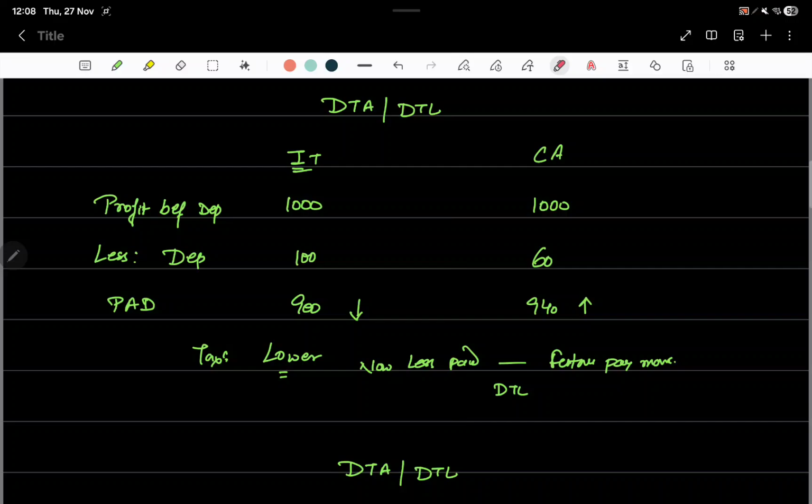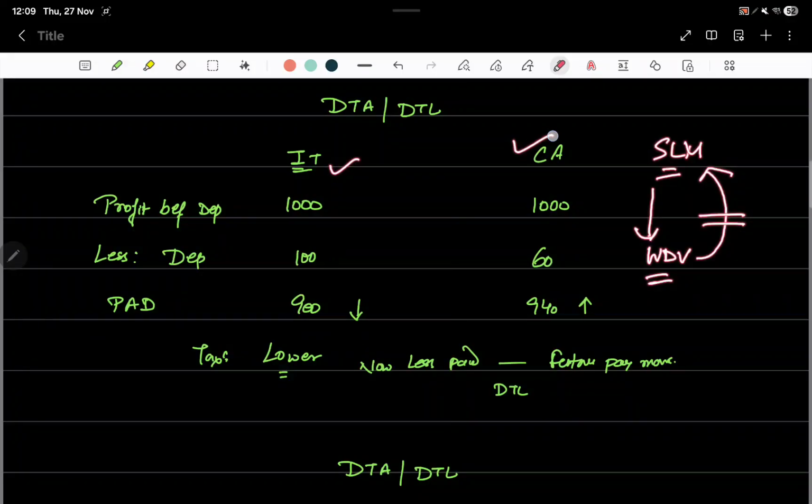Now, the company may be following the straight line method of depreciation, but the income tax department, for that particular gross block of assets, has mandated the WDV method. So there will be depreciation differences when we compare these two. The amount of depreciation will be different.